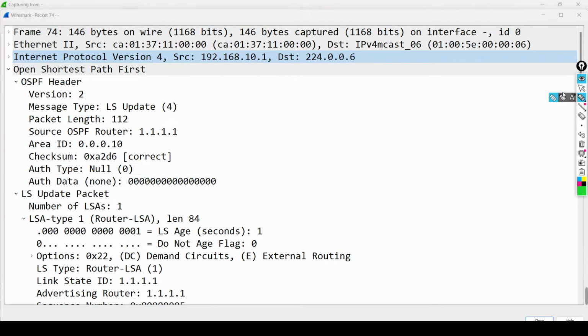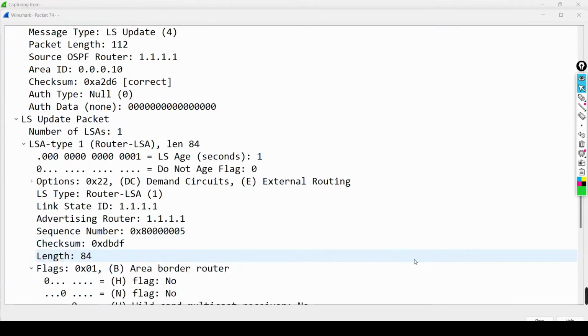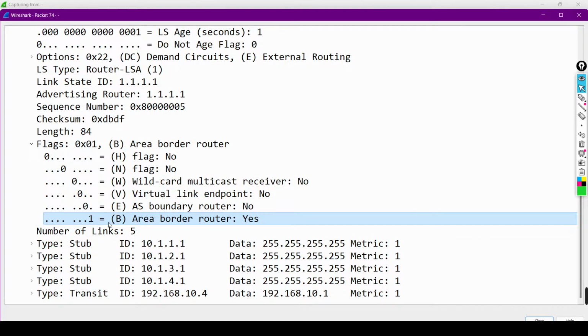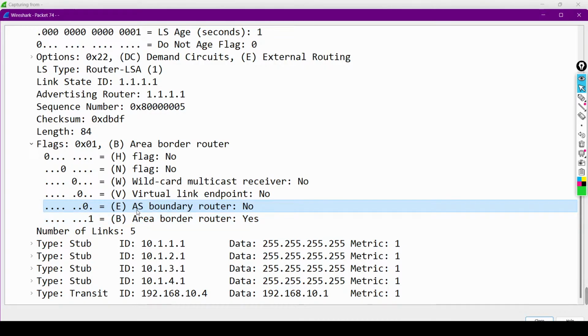That means this address is listened to only by DR and BDR. Yes or no? So only DR and BDR will receive this update. And inside the LSA 1, this router has which bit on? The B bit, for ABR. And which bit will the ASBR router turn on?